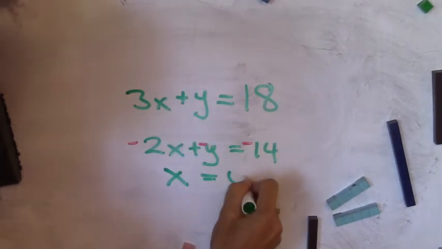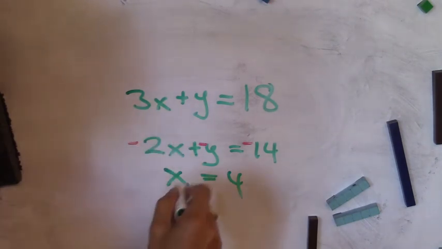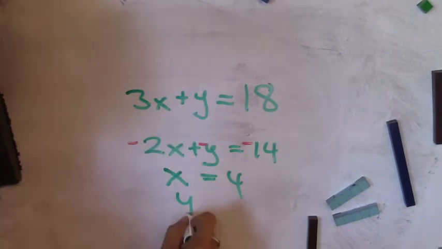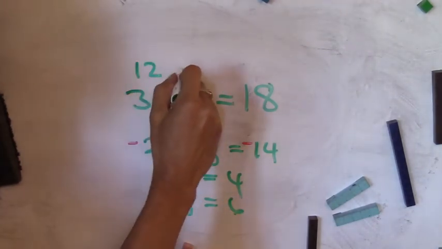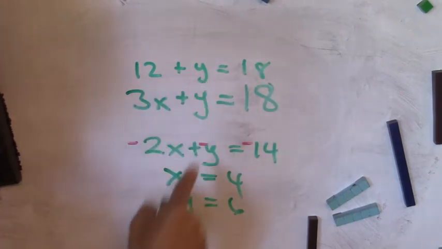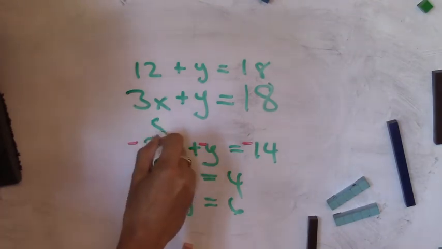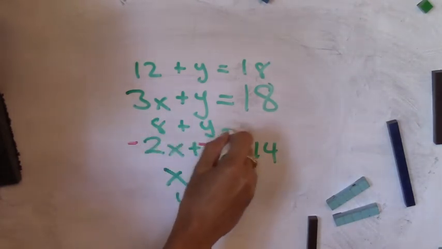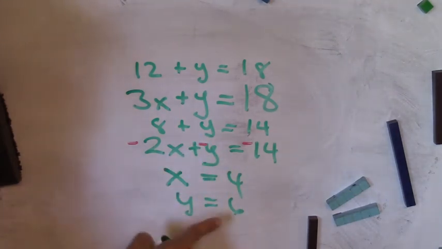And then 4. Done. Well, if x equals 4, 3 times 4 is 12. Y must be 6. Because this is the same thing as 12 plus, I don't know, is 18. And I know that 12 plus 6 is 18. And over here, in the original, this would be 8 plus, I don't know, is 14. And I know that has to be 6. So there you go. X is 4 and Y is 6.